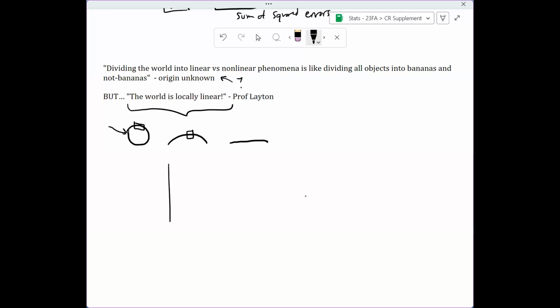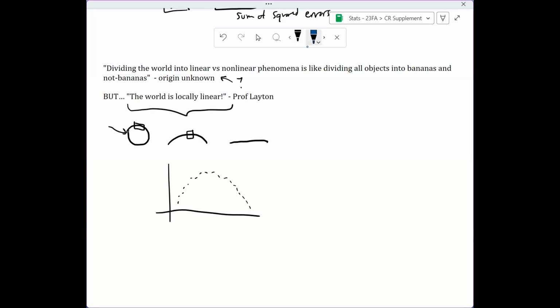If I think back to my speed limit and miles per gallon example, this is a very nonlinear phenomenon. I might want to use something like a quadratic to model this, but I don't really know how to do that yet.